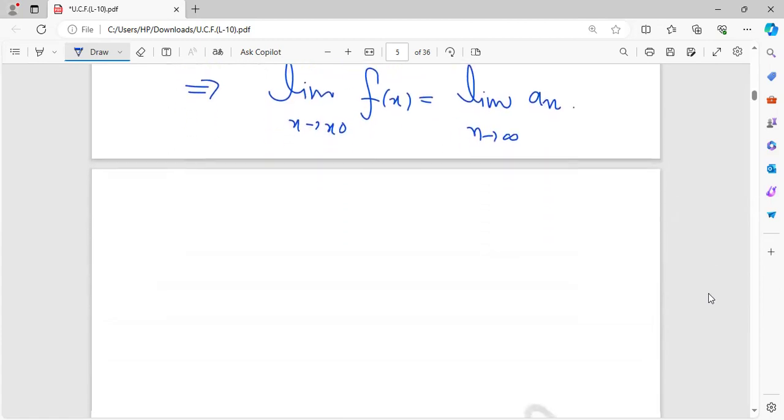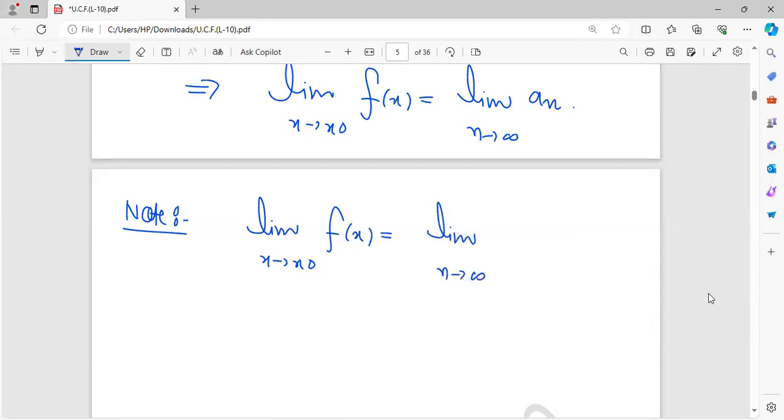So what is the conclusion? In other language, we have the limit as x tends to x naught of f(x) is equal to the limit as n tends to infinity of an. You put the value of f(x). What is f(x)? It is the limit as n tends to infinity of fn(x), because fn converges to f uniformly.